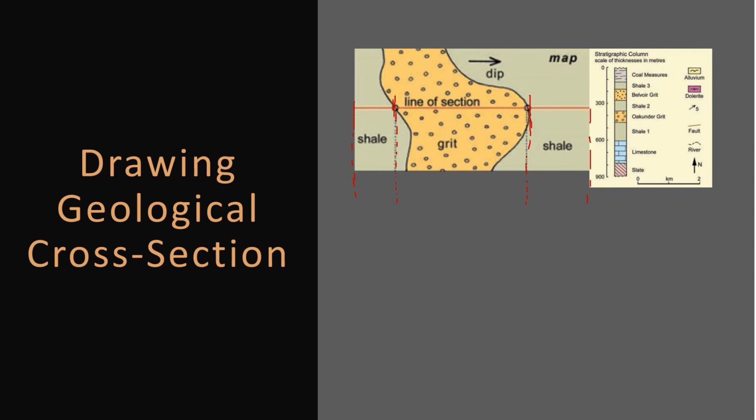In order to identify the thickness of each layer, we are going to need the help of the stratigraphic column. That's why I included it here. So the dip is pointing in that way, right? That means it is pointing to the younger outcrop. So this shale is shale 3 because it is younger, and this shale is shale 2 because it is older.